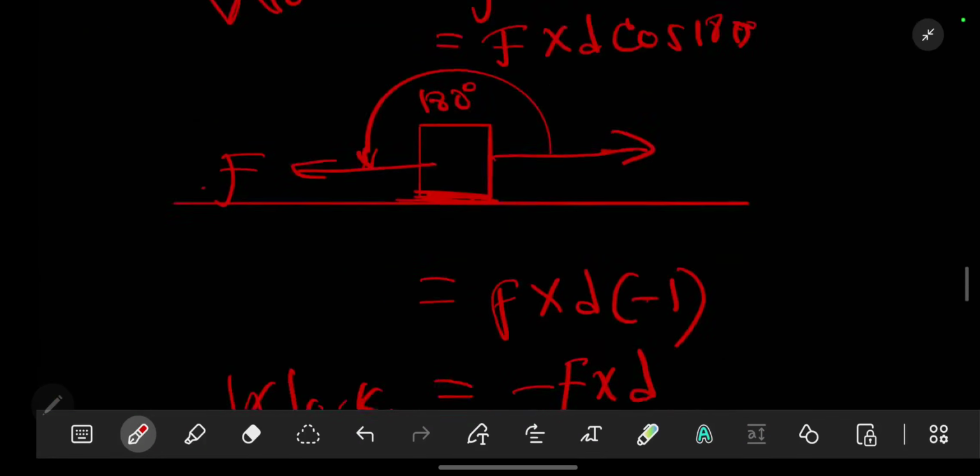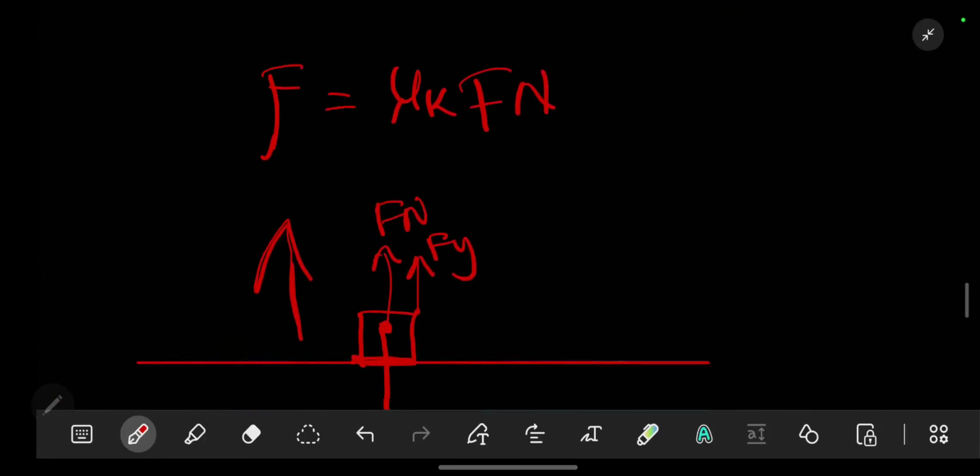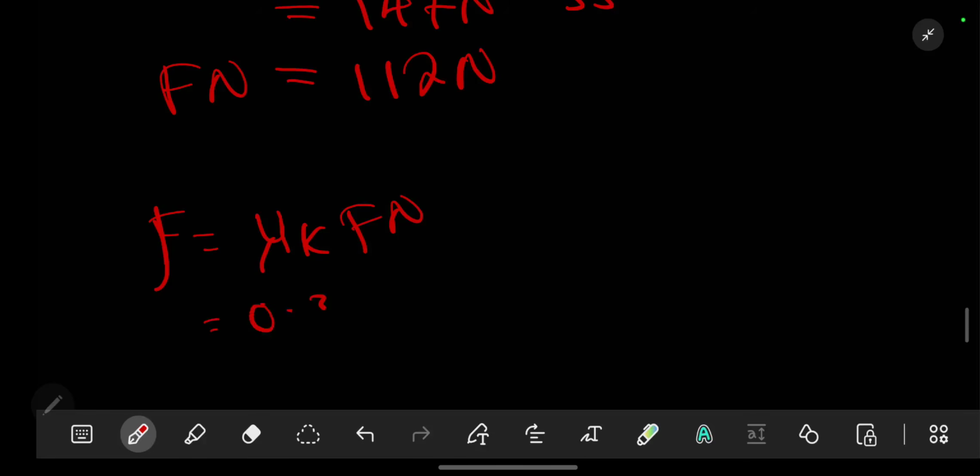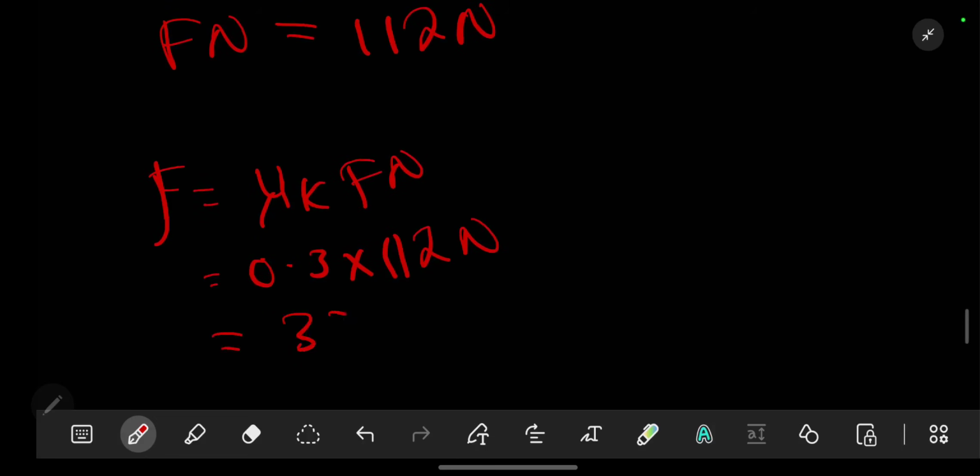So the frictional force is 0.3 times the normal force, 112 newtons. This gives us a value of 33.6 newtons. So this is our frictional force.